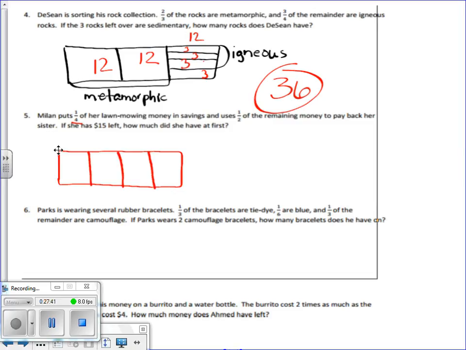The first one went in savings, because it tells you 1/4 went in savings, and half of the remaining money to pay back her sister. So you've got 3 sections right here. So, if she has $15 left, how much did she have at first?